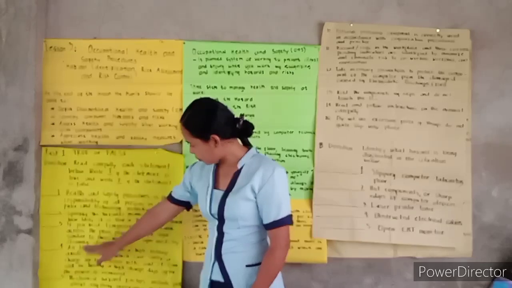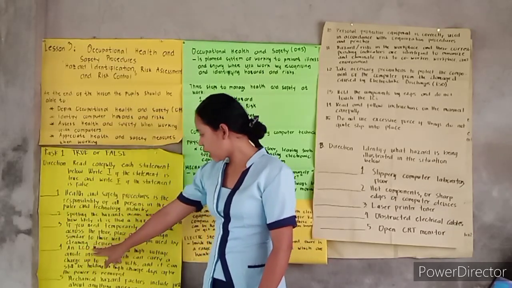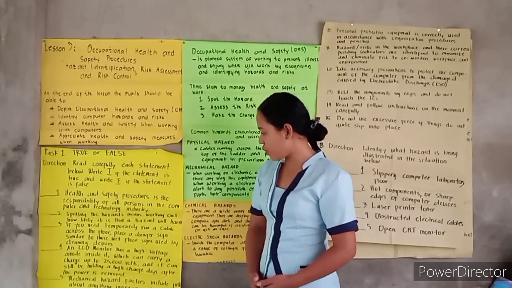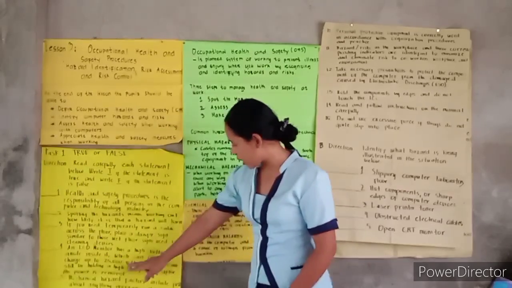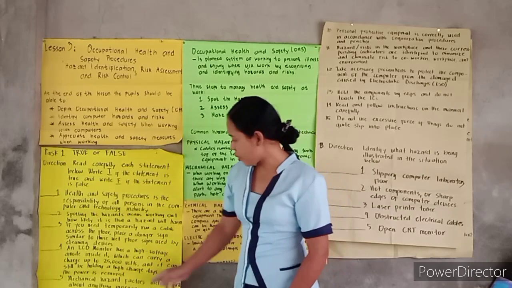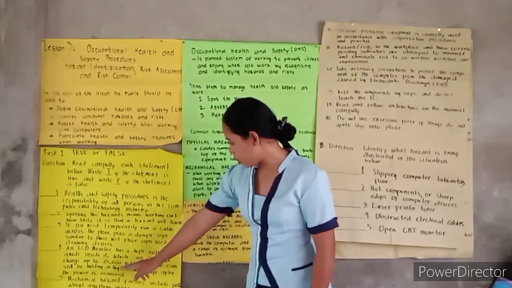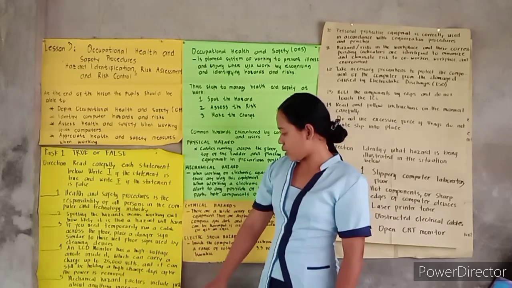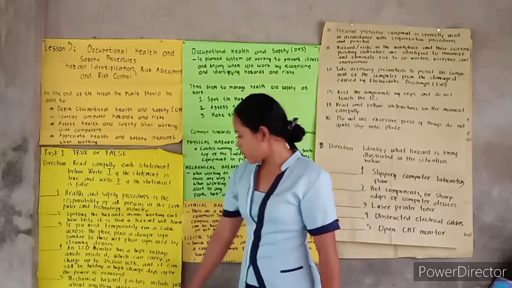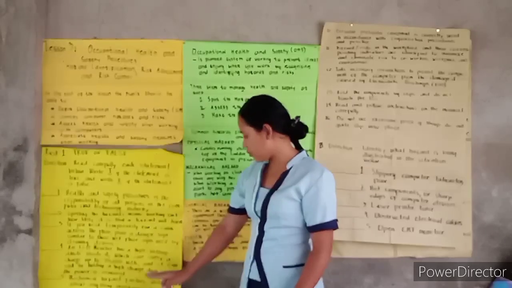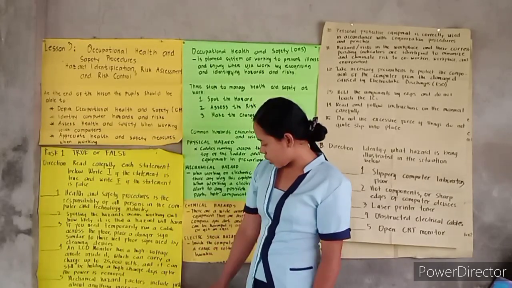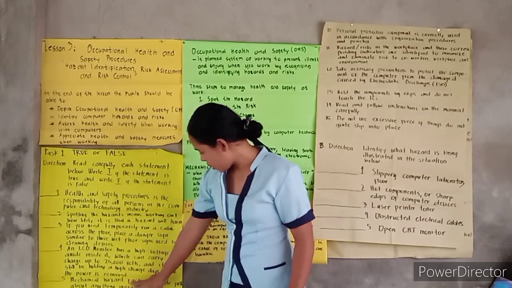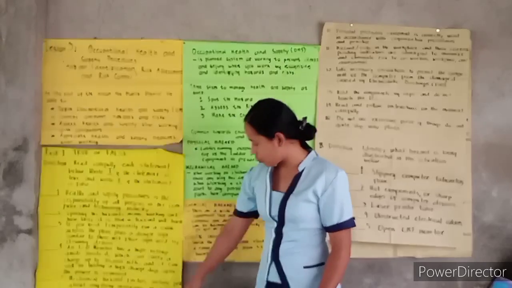Number 4. An LCD monitor has the high voltage anode inside it, which can carry a charge up to 25,000 volts, and it can still be holding a high charge days after the power is removed.